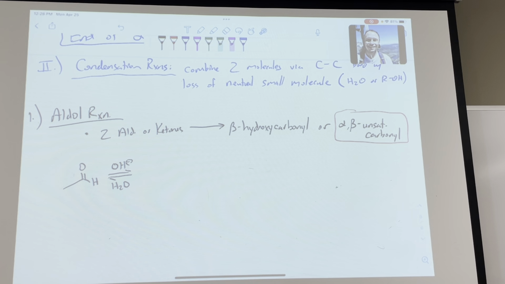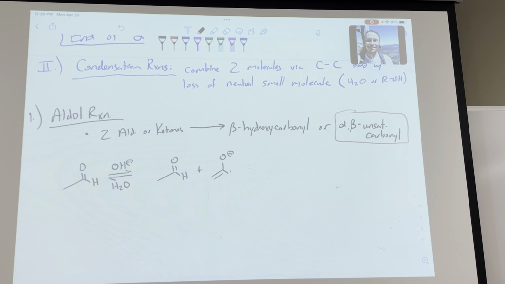So if you add hydroxide to a regular aldehyde or a ketone, what you're effectively doing in the flask is generating some enolate, but leaving some carbonyl. Or said another way, you have some nucleophile and some electrophile.